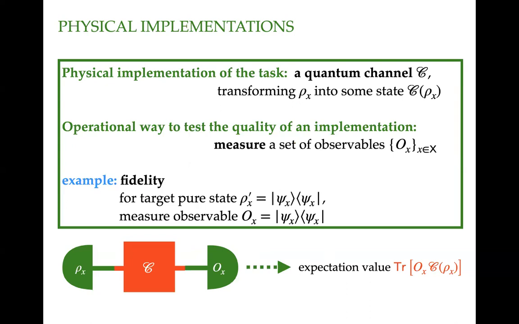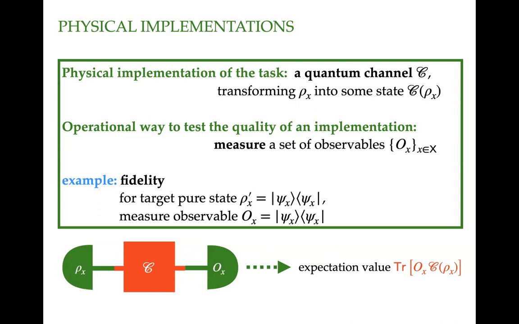So we can imagine that we have a set of observables, O_x, which can be completely arbitrary, and then in the testing, we do a measurement of this observable, and the expectation value of this observable on the output would be a measure of success, of how good our implementation is.